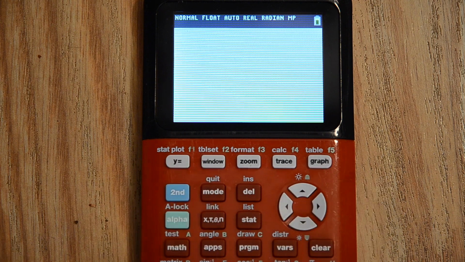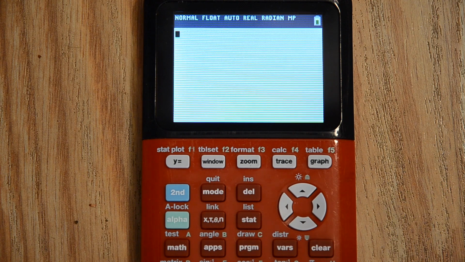Then we're going to second quit out of this, and we're going to ask for that integral from 0 to 300 of r of t dt.